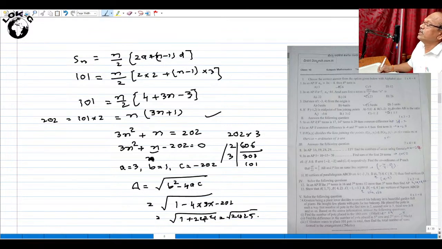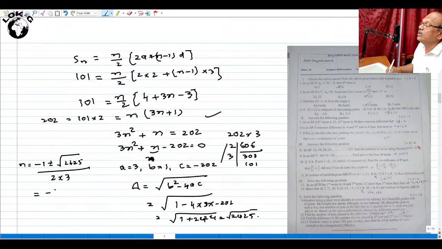You have to find n. How can you get n? Can you use the completing the square method? You can use Sridhara's formula also. n is equal to minus b plus or minus root of b square minus 4ac, upon 2a. You got it as 2425. Is it a perfect square? 2425 upon 2 into a, which is 3.